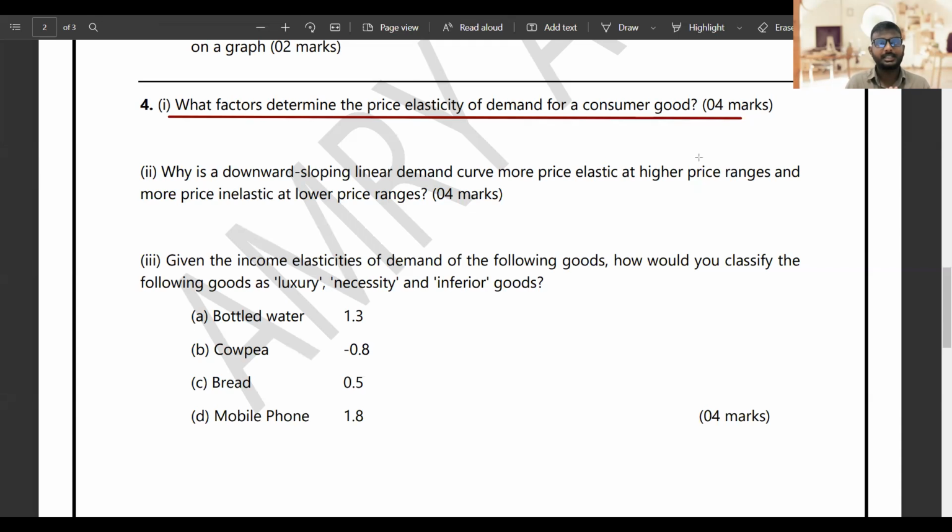It was not a direct question like this. They had asked something like, describe the reasons for price elasticity of supply. There you had to write the point and describe the point. For 1 point, 1 mark, with description means 2 marks. That's how the question went in 2019. This is, I think, 2016 or something.